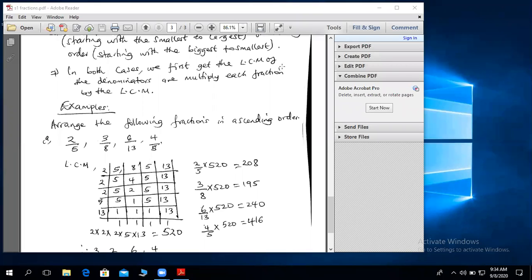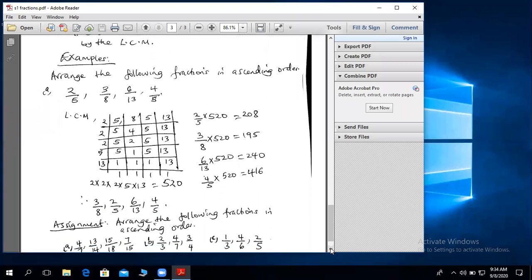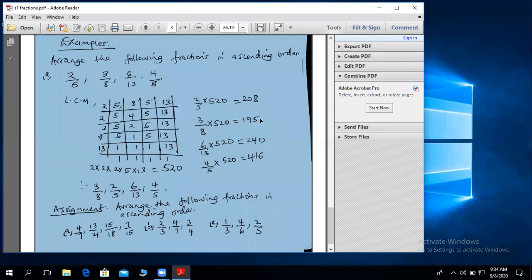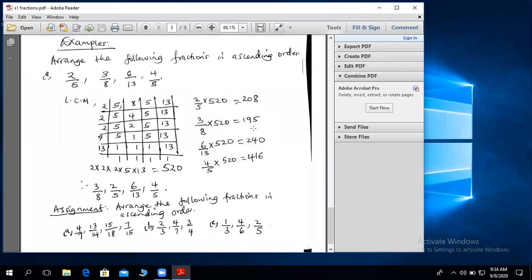Now, what does that mean? It means that I can now arrange my fractions having multiplied by the LCM. So what is the smallest fraction? Because we are arranging in ascending order from smallest to biggest. The smallest fraction here that gave the lowest number, 195, is 3 out of 8.